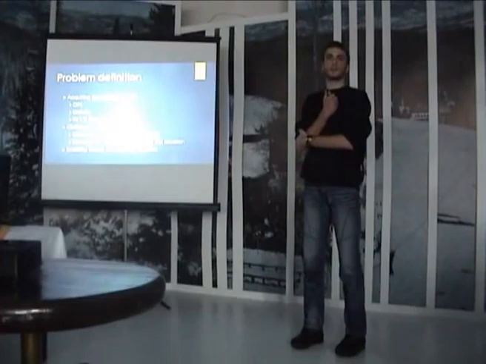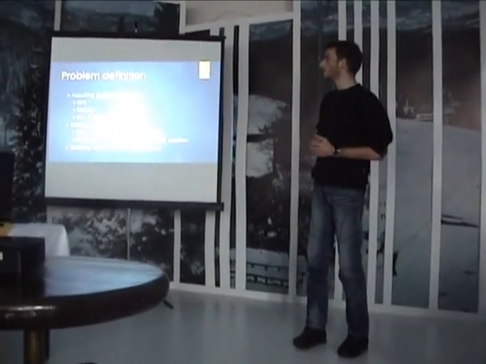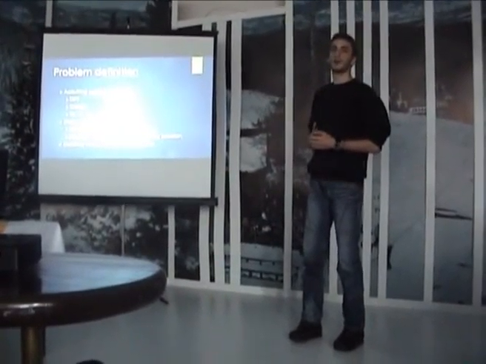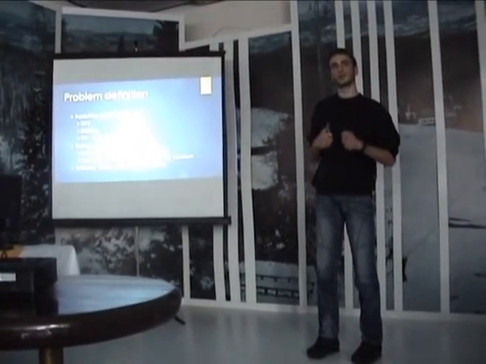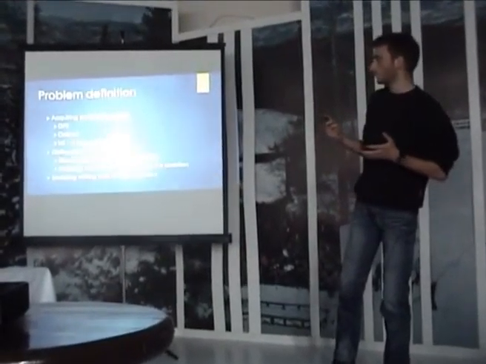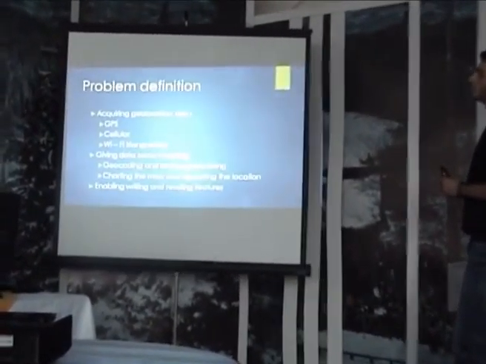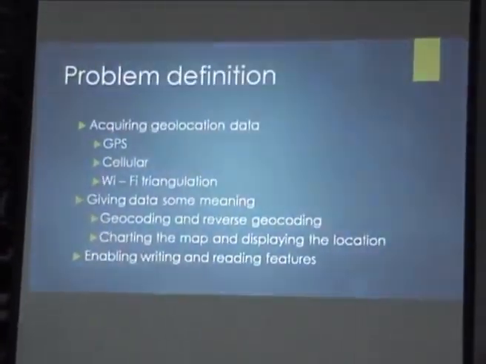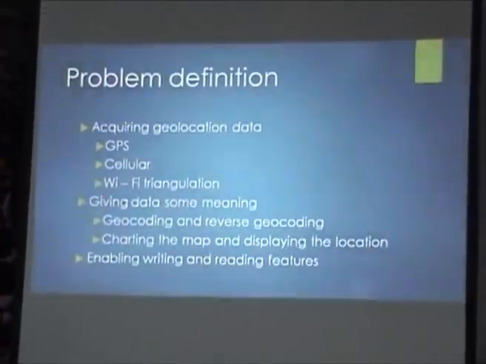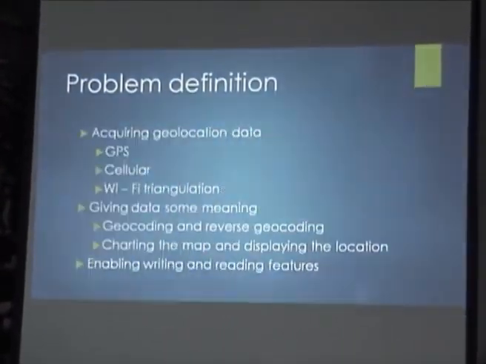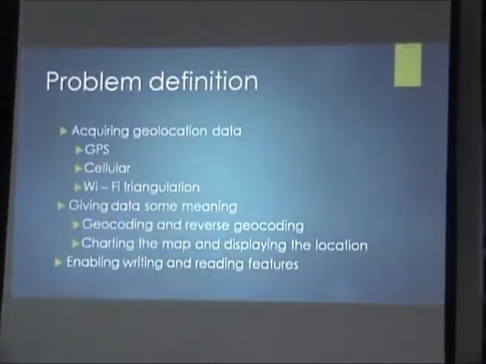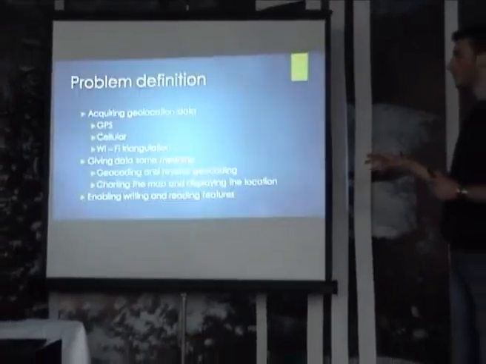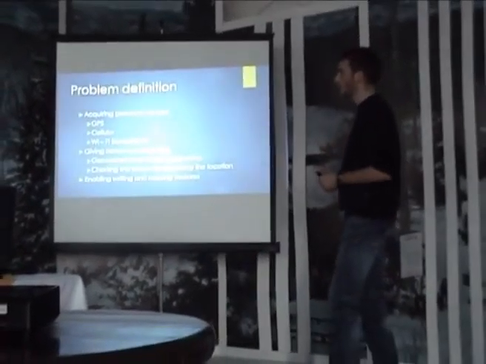On the Windows Phone platform, that is done in a kind of specific way through the geolocation services and API, which doesn't reveal how you are actually getting those geolocation data, but we do know that it is some kind of combination of those three methods: GPS, cellular, and Wi-Fi triangulation. In which exact way the system is doing that is not known, but there is a slight way that you can influence this process, and I'm going to talk about that a little later.